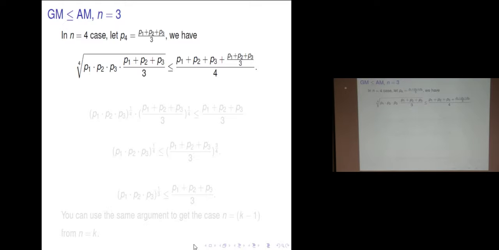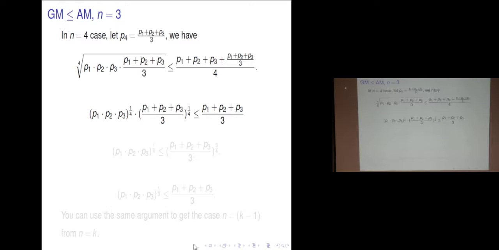Plug into the formula for n equals 4. So you get the fourth root of this product is less than or equal to the average of the sum of the 4 numbers, right? Because we already have n equals 4, I can do this. And then we are going to massage the terms so that we get what we want.